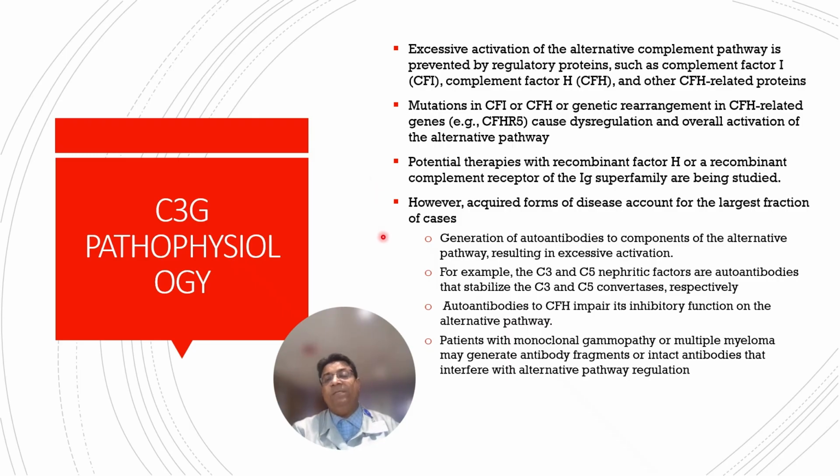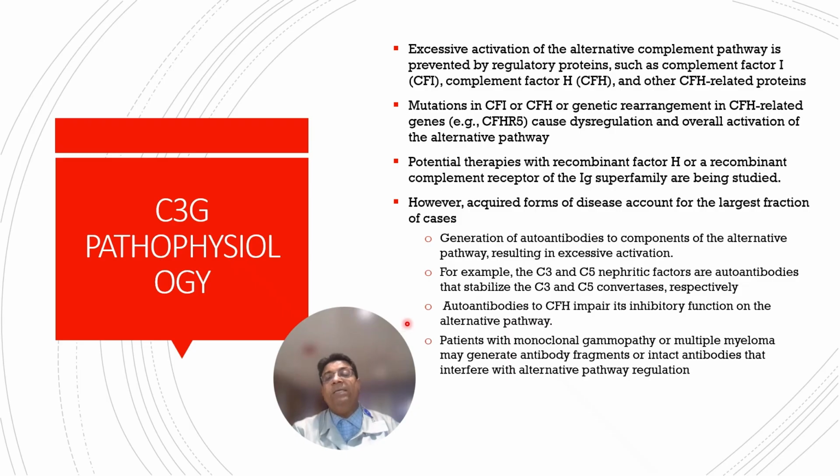Acquired forms of the disease account for the largest fraction of cases. This is generally due to generation of autoantibodies to components of the alternative pathway, resulting in excessive activation. For example, the C3 and C5 nephritic factors are autoantibodies that stabilize the C3 and C5 convertases respectively.